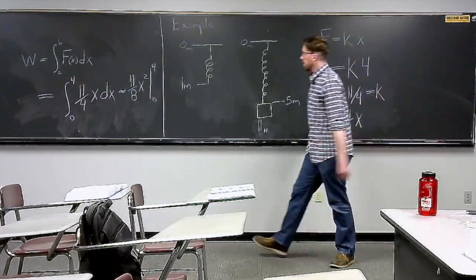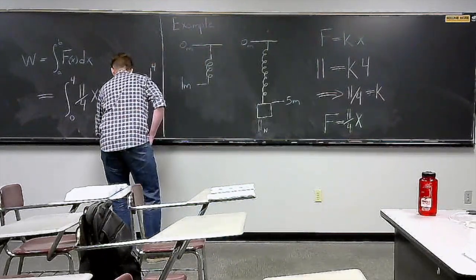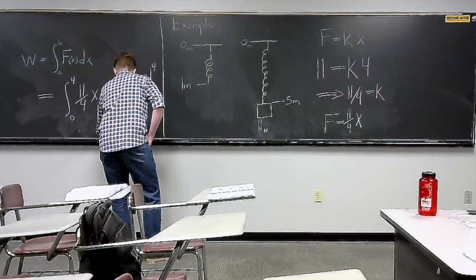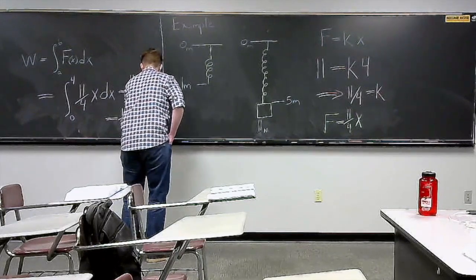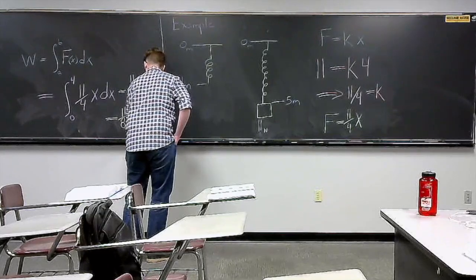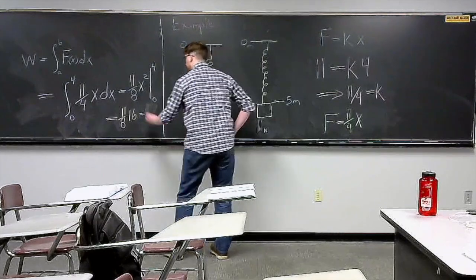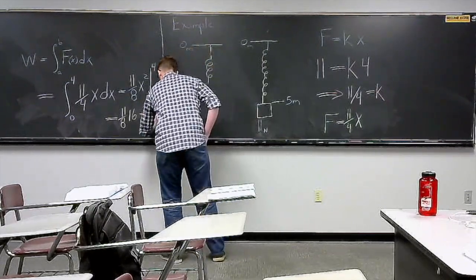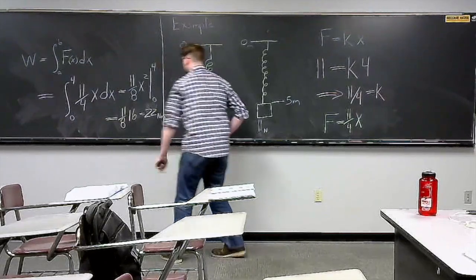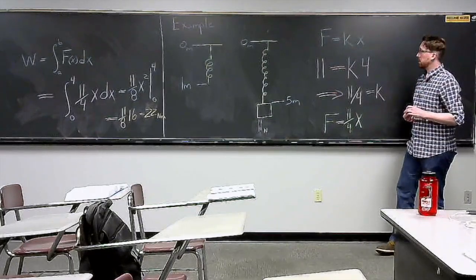Well, this then is going to come out to be 11 over 8 times 16, or we can say, what is that? 22 Newton meters. And that's it. That's all there is to this problem.